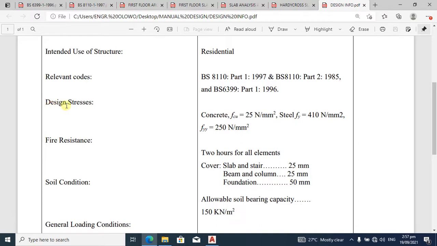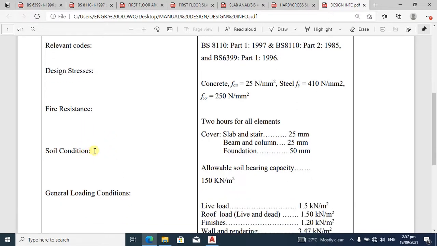Also, you will see the design stresses for the concrete and for the steel. Then the fire resistance. How long do we want the structural members to resist fire before we are able to put the fire off?